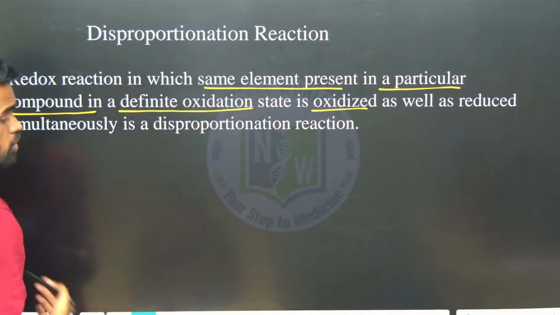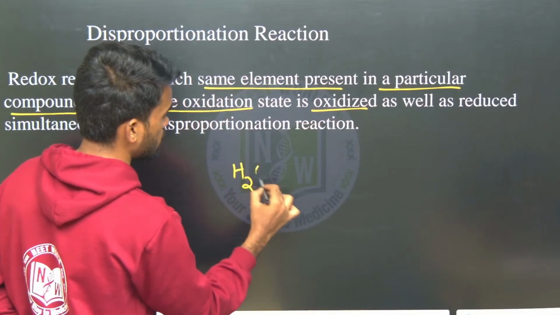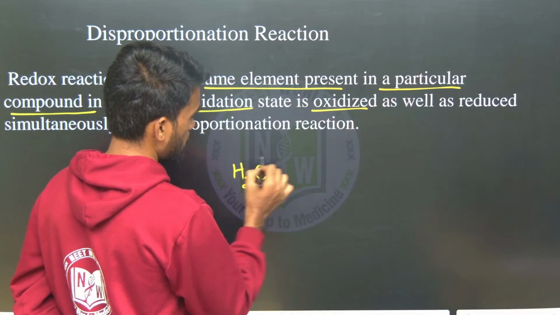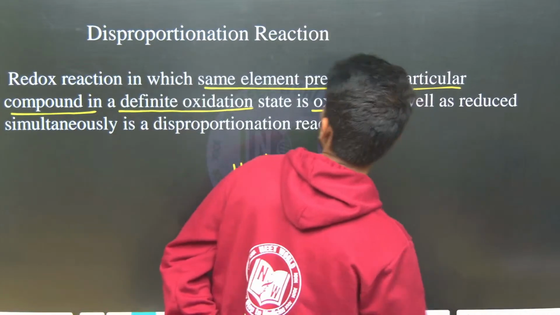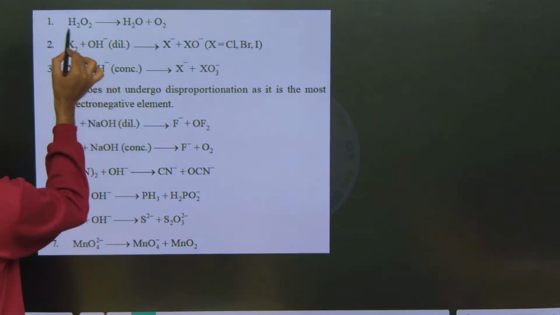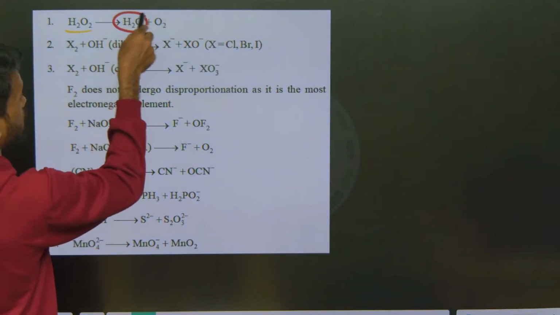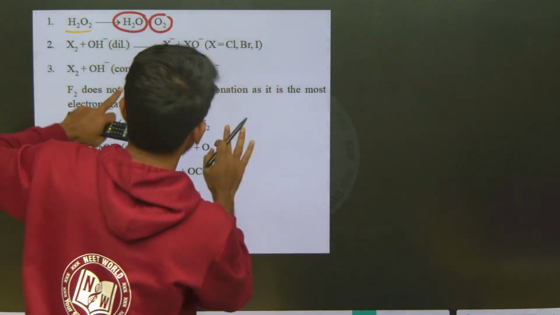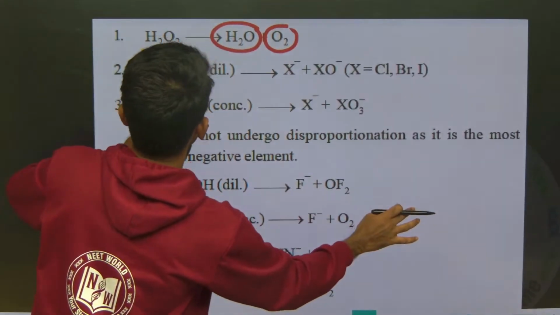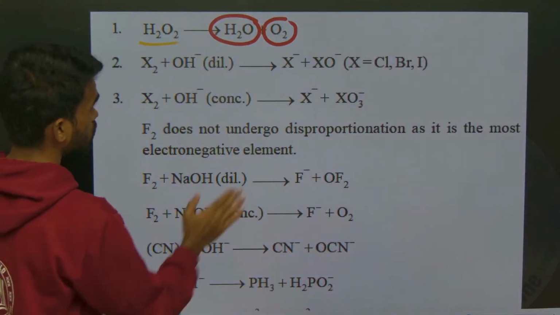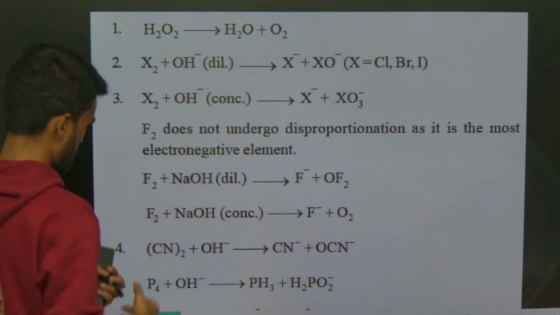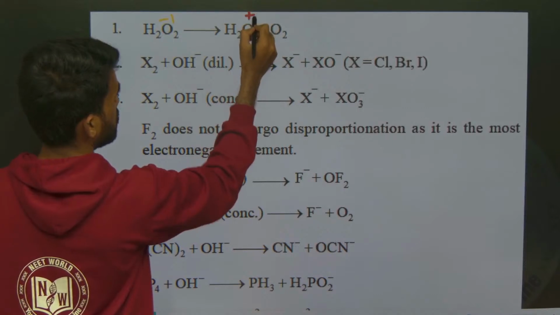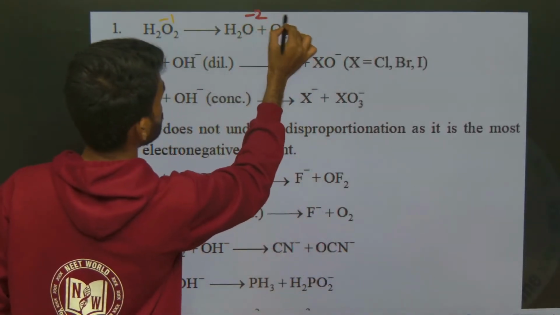as well as reduced. For example, H2O2 is there. What is the oxidation state here? -1. Here, H2O2 is undergoing reduction as well as oxidation. Calculate here: -1 goes to -2 and 0.